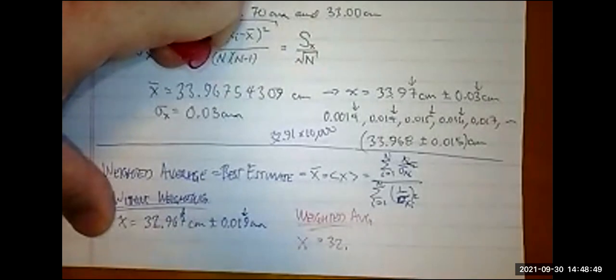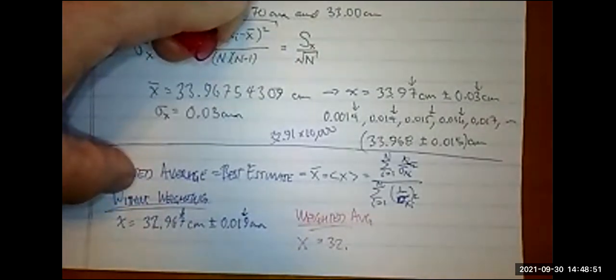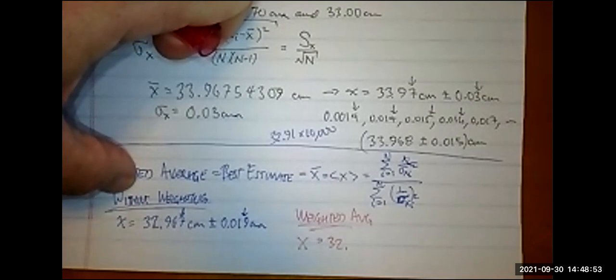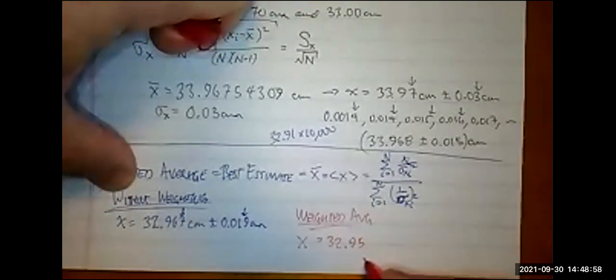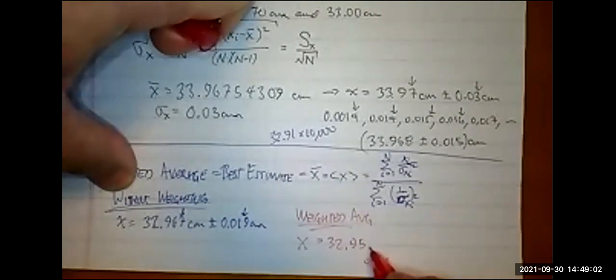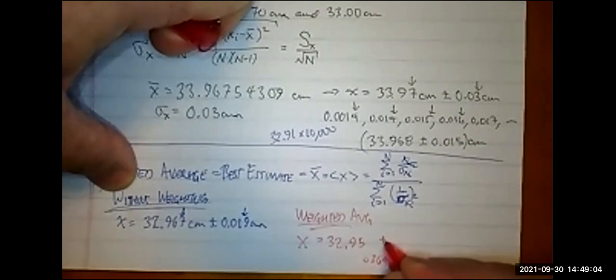It gave me x is equal to 32.950364950364. In case I need them later, I haven't done the standard deviation yet, so I'll put the plus or minus here and leave that for in a second.